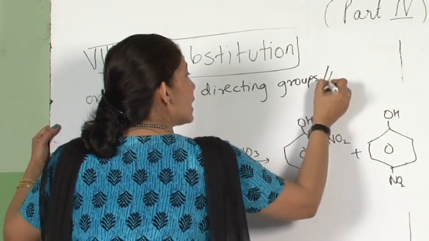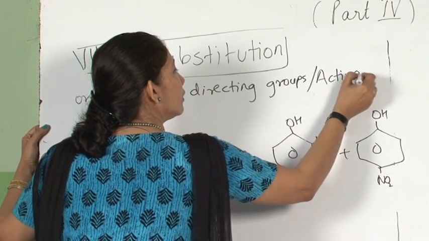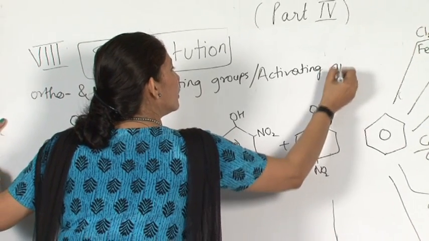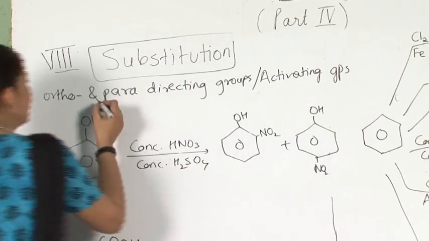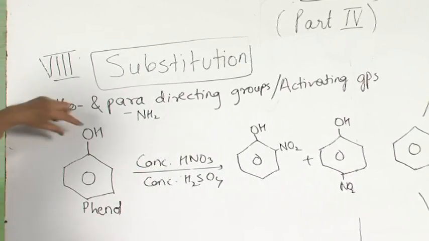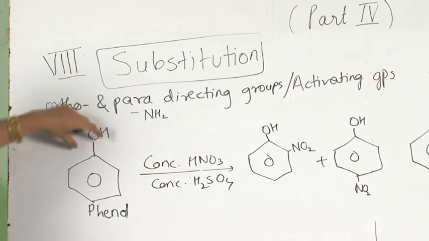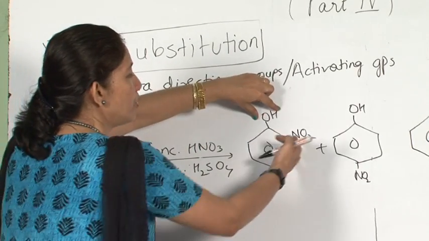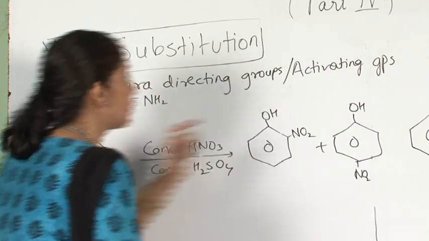These are also called activating groups. I am giving you some of the examples. NH2. That means if I ask what happens when aniline undergoes nitration, I am going to get NH2 here, NO2 here, NH2 here, NO2.